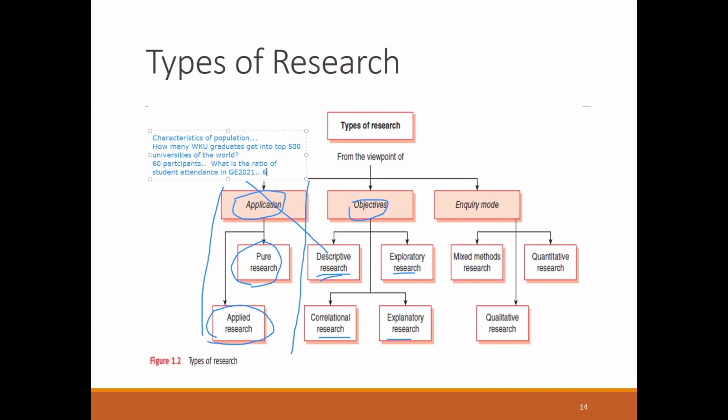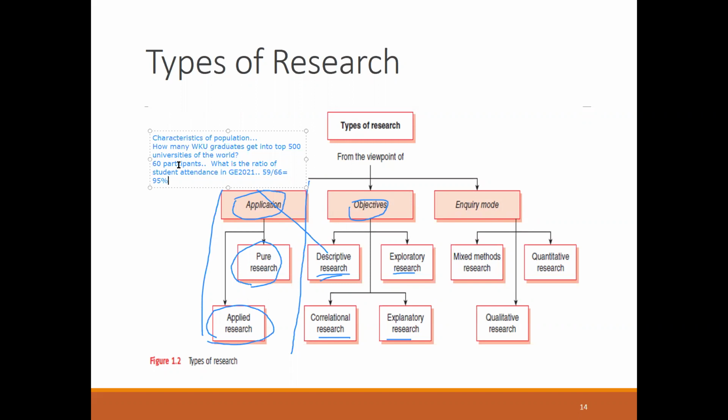I know that you are 66 students, but there are 59 students present. So about 95% of students are present here at the moment. Descriptive research is very simple. In descriptive research, we are only focused on finding out the characteristics of population.